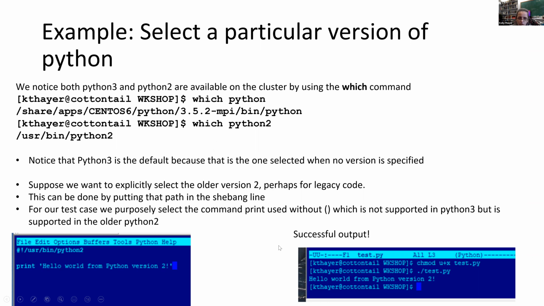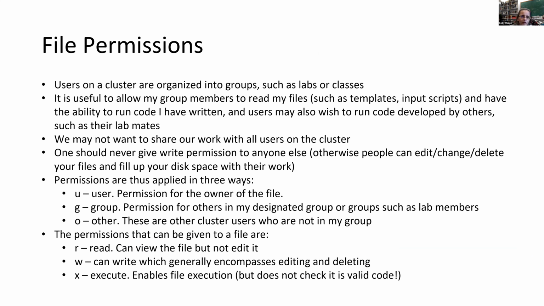This is one of the differences in the syntax between the two versions, which I just happen to know. And here we are going to execute this, and we get hello world from Python version 2, which means we have successfully done this. Now we're also doing this change mode, which I will tell you about in a moment.